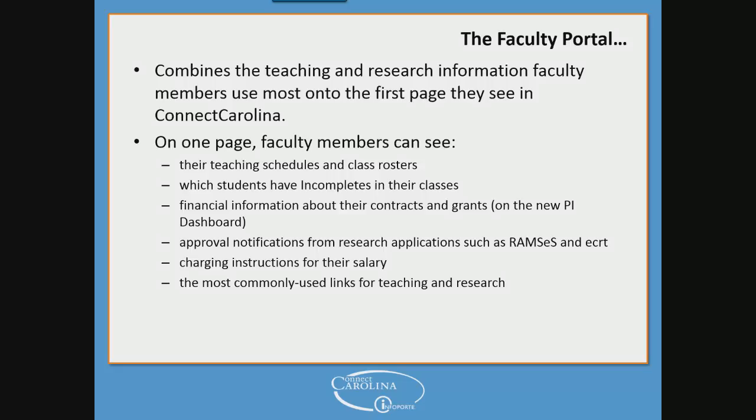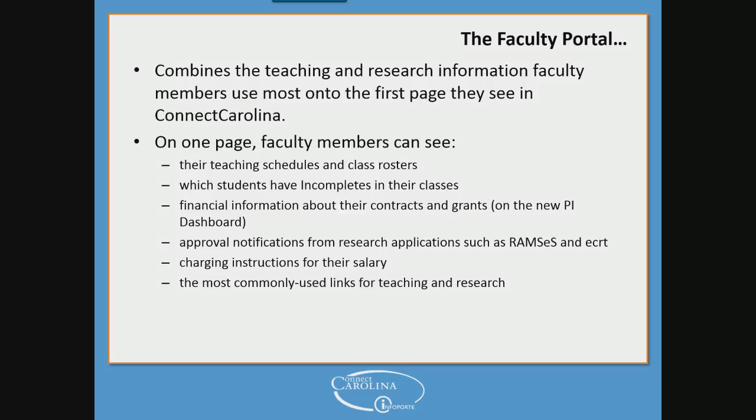Approval notifications from research applications such as Ramsey's and eCert. And if they're a finance or an HR approver, they'll get those notifications just like they already do as well. And then charging instructions for their salary. So this is their chart field information for how their salary is paid.